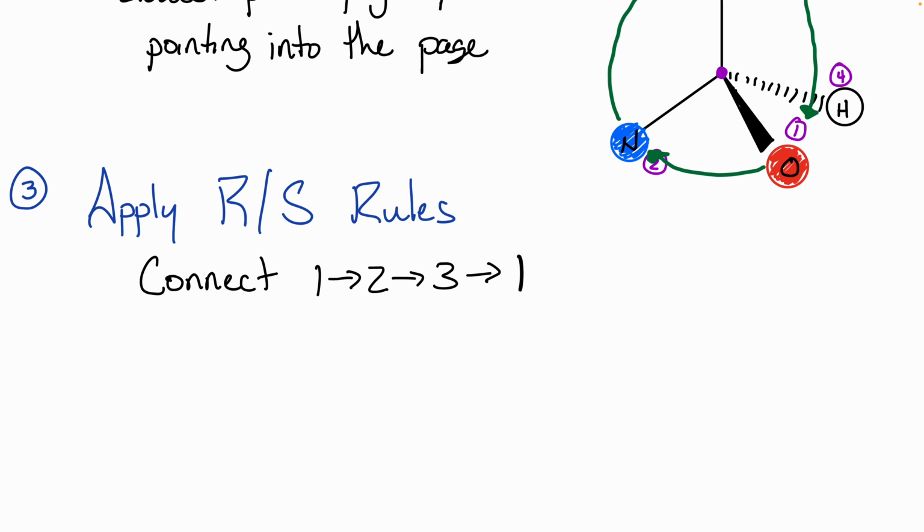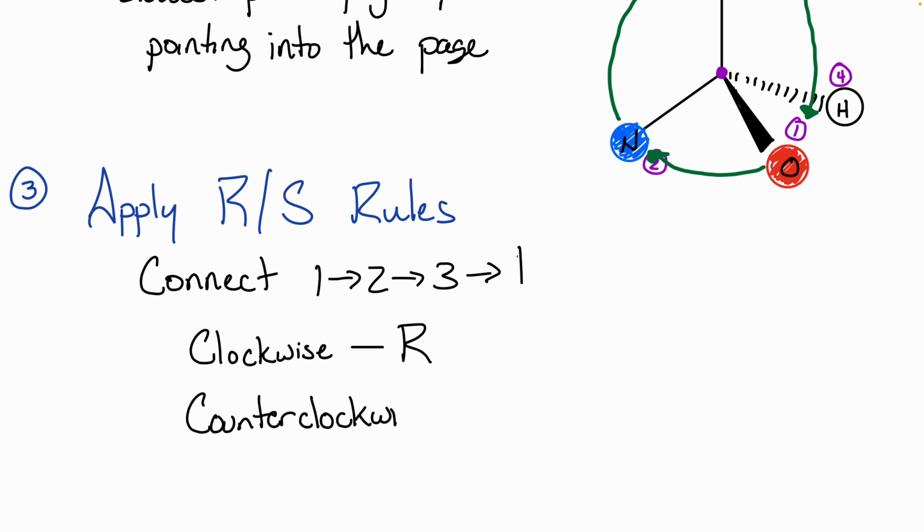Okay, if our arrows were clockwise, that's what we call the R stereoisomer. And if instead we connected these things in a counterclockwise way, that would be my S stereoisomer.